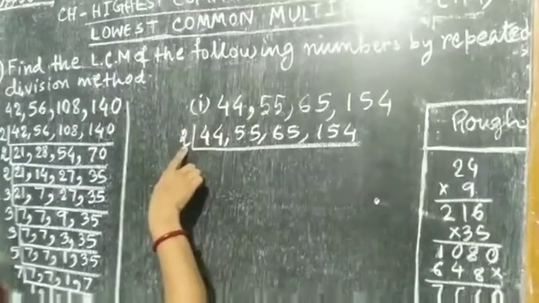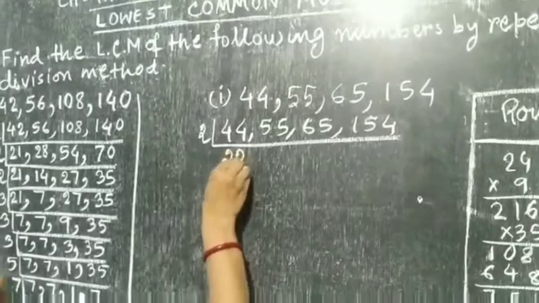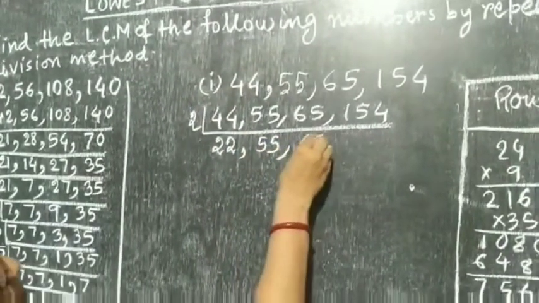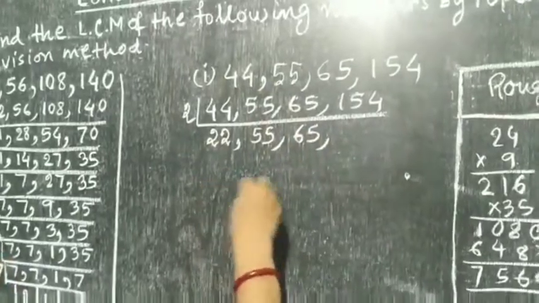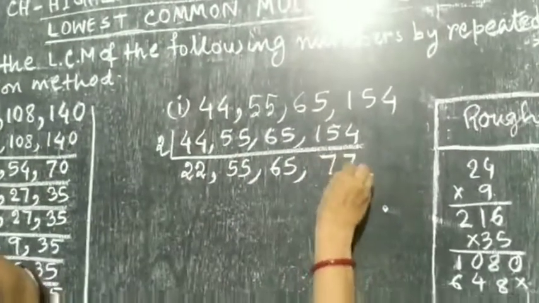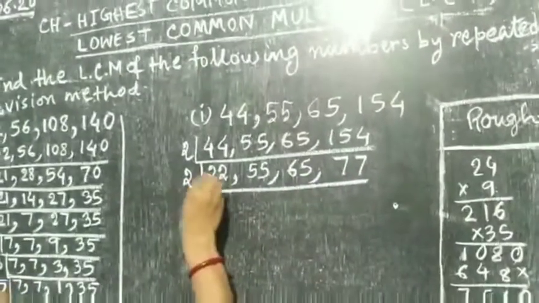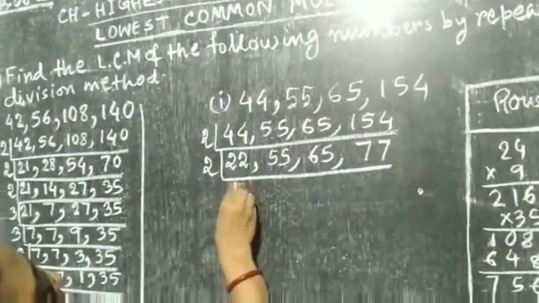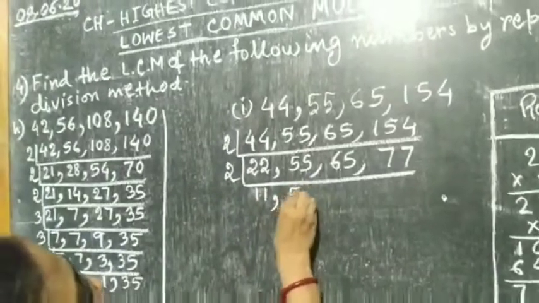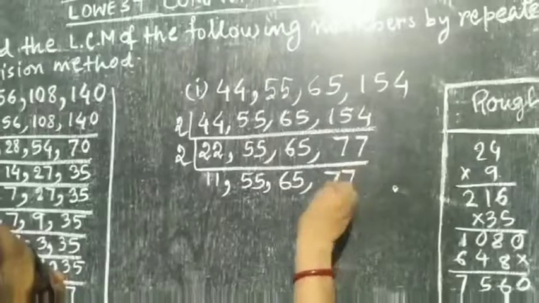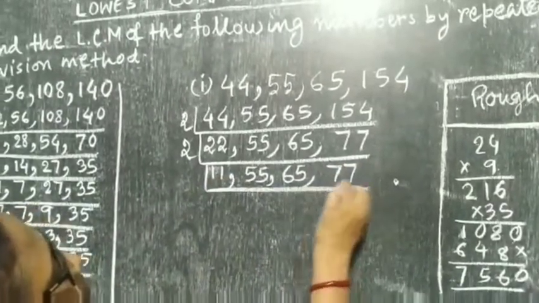So 44 is divisible by 2, yes, you are getting the answer 22. 55 is not divisible by 2. 65 is not divisible by 2. 154, yes, it is divisible by 2, 77. Now again 22 is divisible by 2, so 11. 55, 65 and 77 are not divisible by 2.